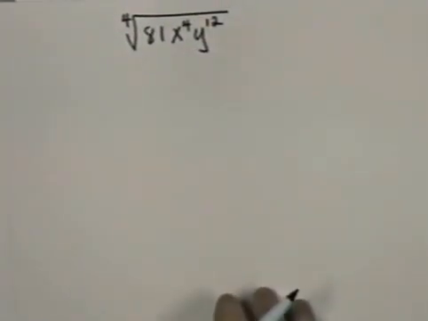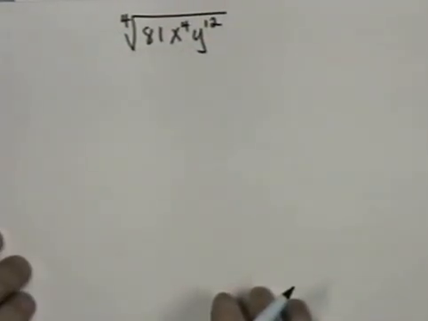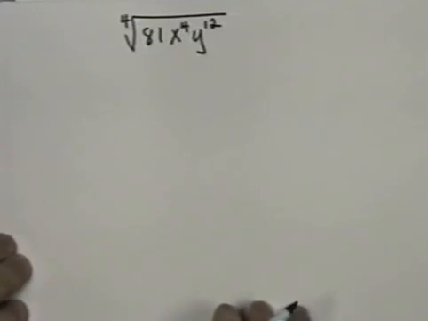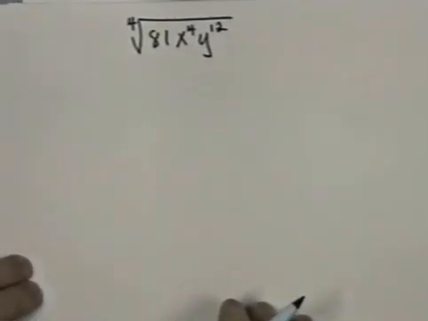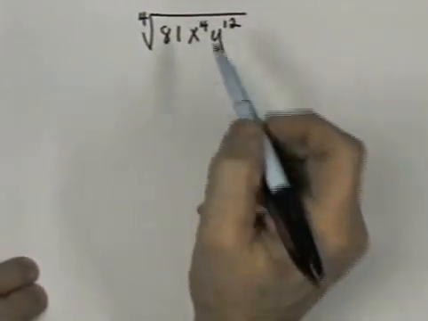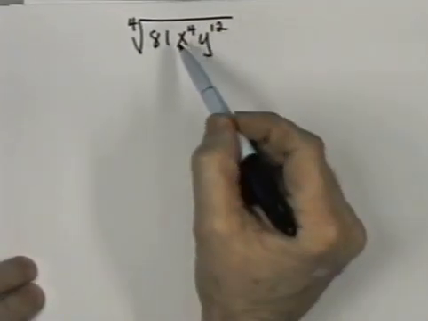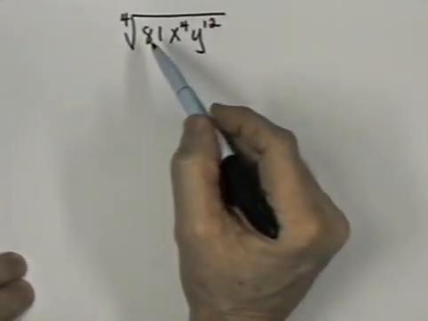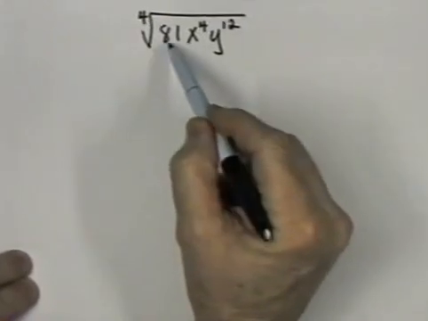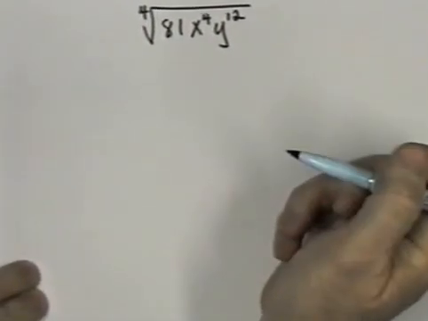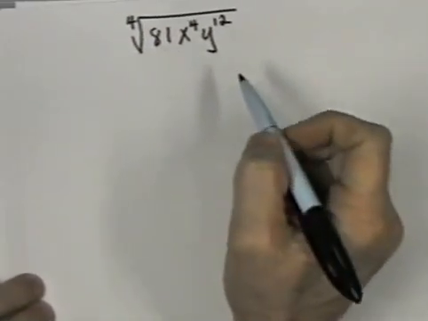Let's look at this one. This might suggest further how we can streamline the approach to simplifying radicals. Okay, remember now what we want to do is be sure that no perfect, in this case, 4th power factors are left within the radical.